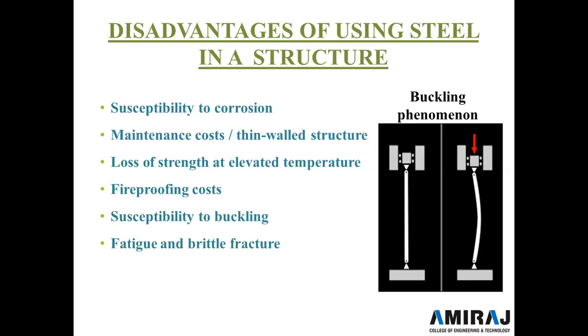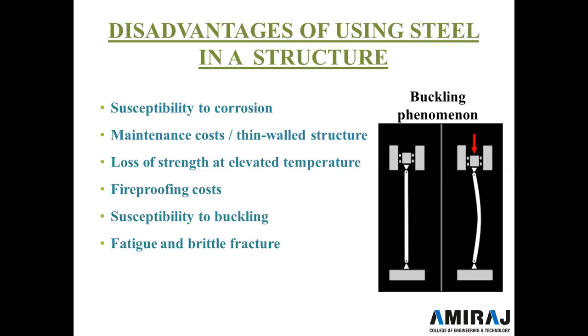Welding and tightening of high strength friction grip bolts, which are known as HSFG, require proper drilling. In many cases, the cost of steel structures works out to be more than concrete structures, because steel costs more than concrete, right?